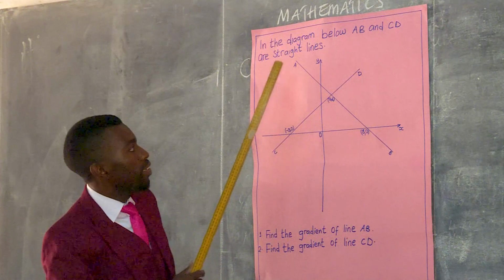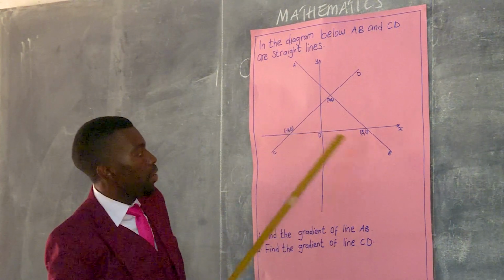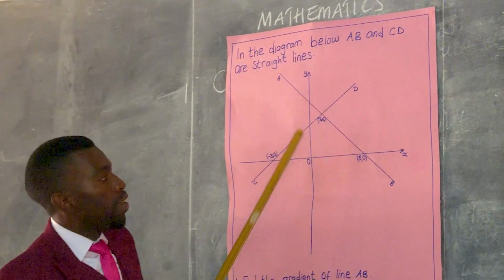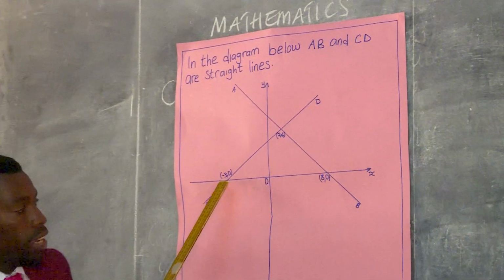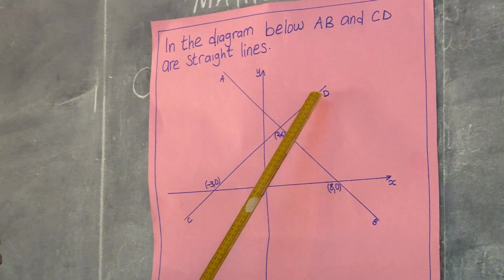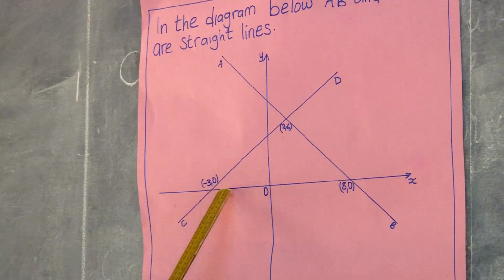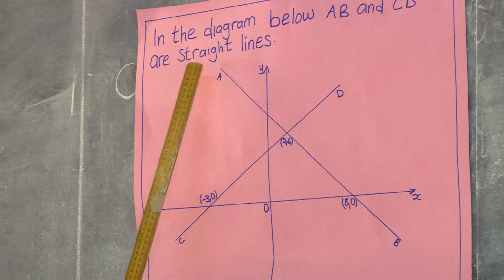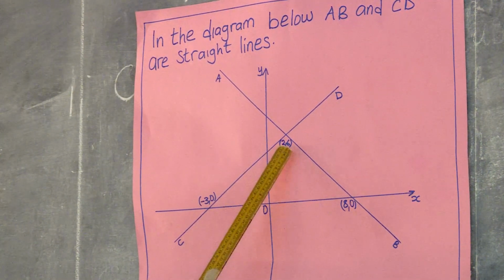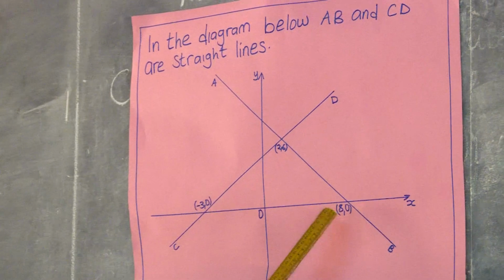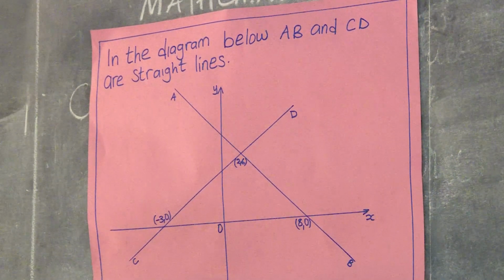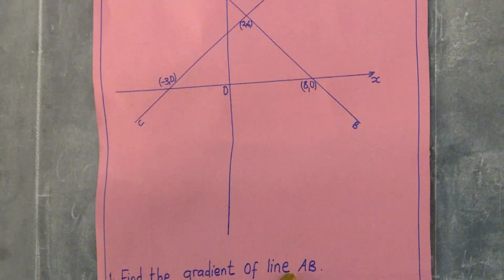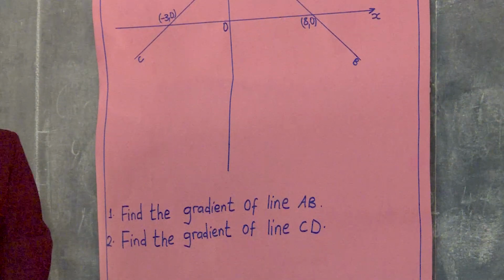So we have these lines, A, B, then we have C, D. Then we are given the coordinates for C and D of -3,0, then 2,6. For A and B of 2,6 and 8,0. Then the question says, find the gradient of line AB.